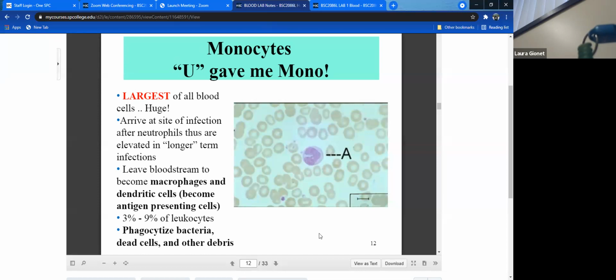In any event, they can be an antigen presenting cell because if they phagocytize a virus, it can take the antigen from the surface of that virus and put it on the surface of its white blood cell and take it to the lymphocytes and be able to say, hey, this is the antigen we want to create antibodies toward. And that's how your immune system works.